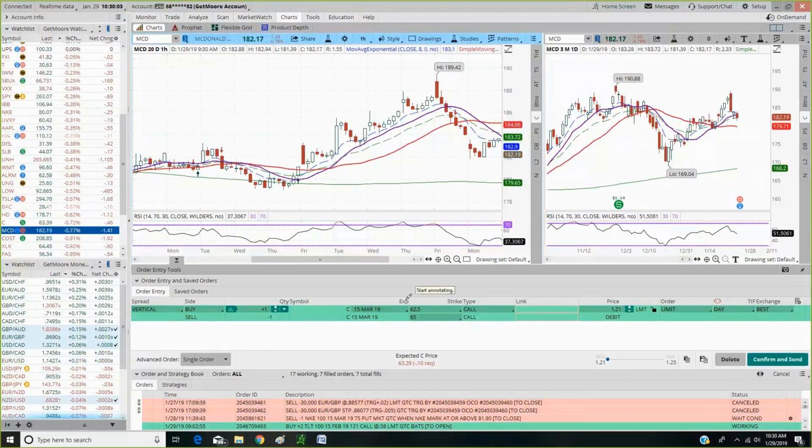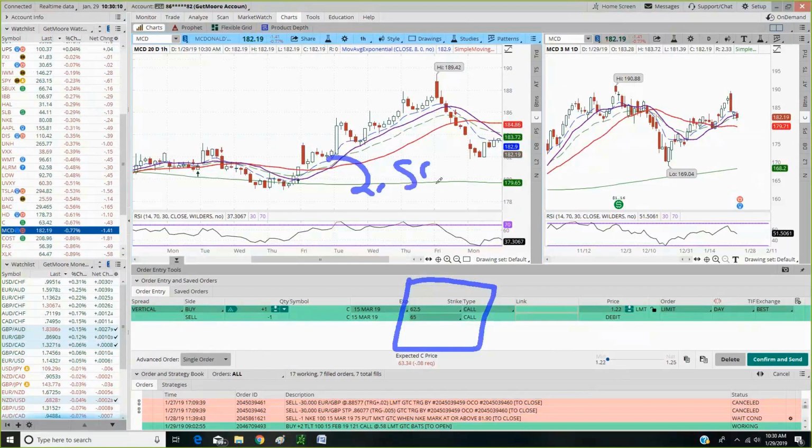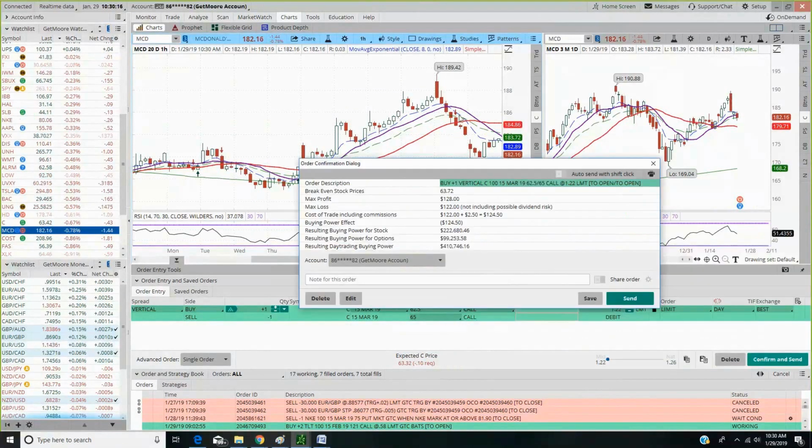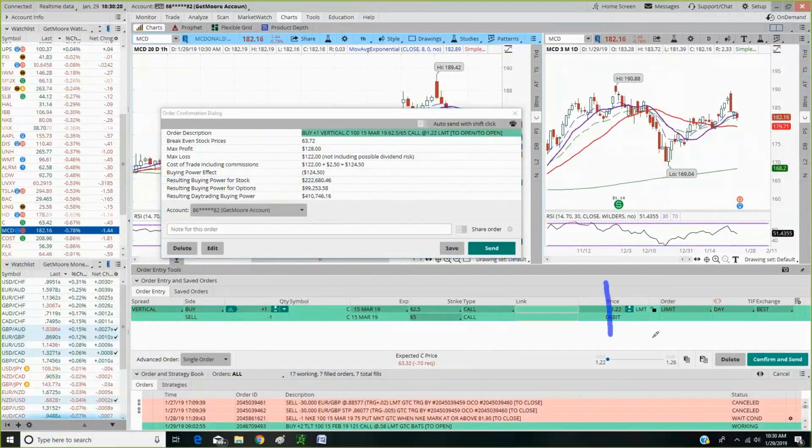Your maximum loss, look, let's do this. This is a $2.50 wide spread, right? But it's going to cost me $1.22. So watch this. When I click over here, remember, when you buy an option, the amount of your maximum loss is what you pay for the option.